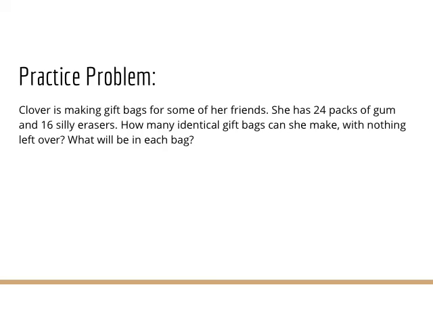How many identical gift bags can she make with nothing left over? And what will be inside each bag? So think carefully. Go back and check your notes if you need to. Which type of problem is this? A GCF or an LCM? Once you've decided, solve it carefully and write out your answer in a sentence.